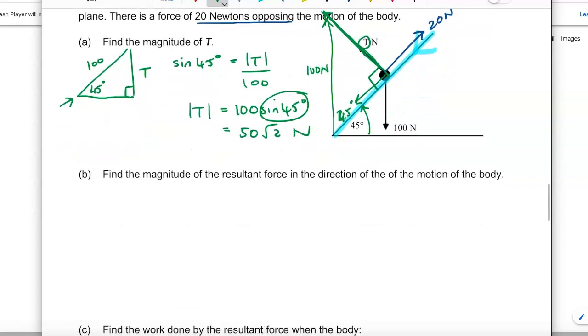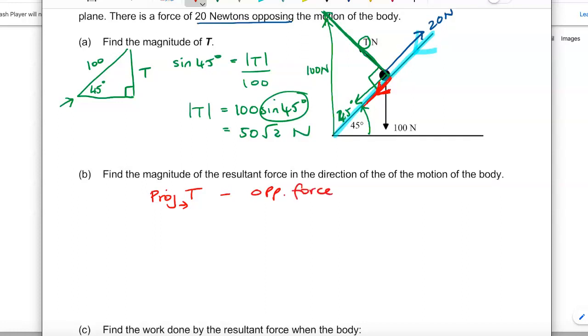Next, we'd like to find the magnitude of the resulting force in the direction of the motion of the body. So this is basically talking about what's the resulting force. Now we know the result is that ball is rolling down that hill. So we've got the projection of the force T on the direction of the ball, and we also have to take away that opposing force, that 20 newtons.